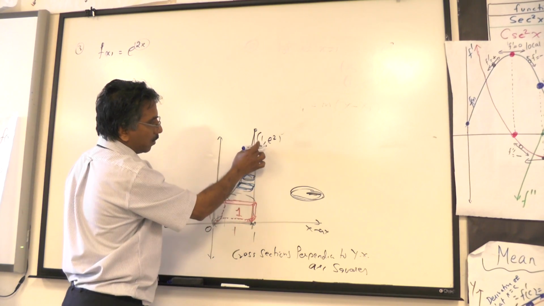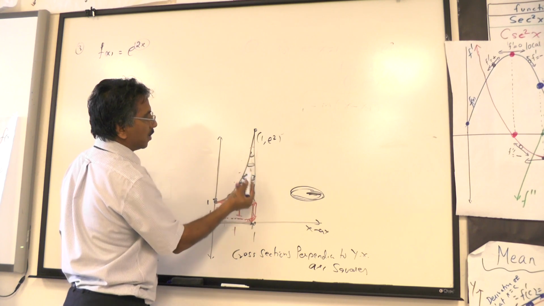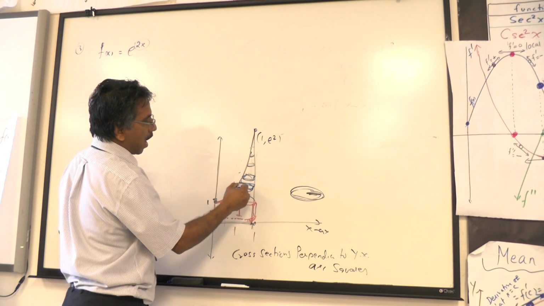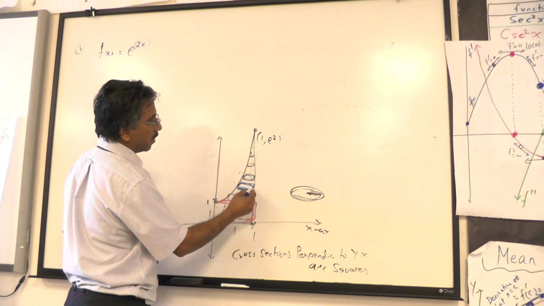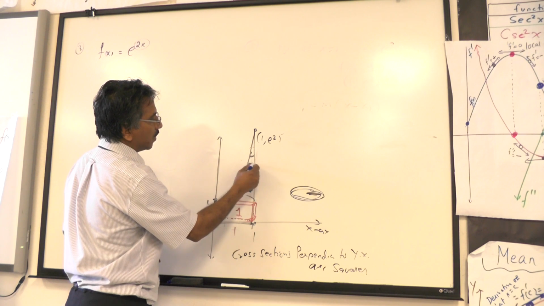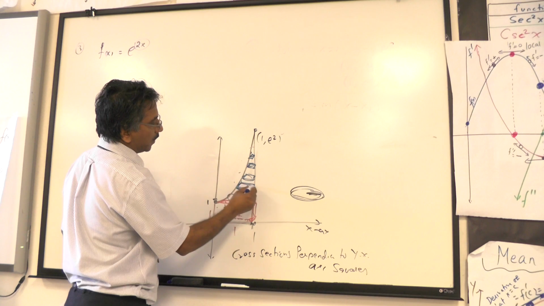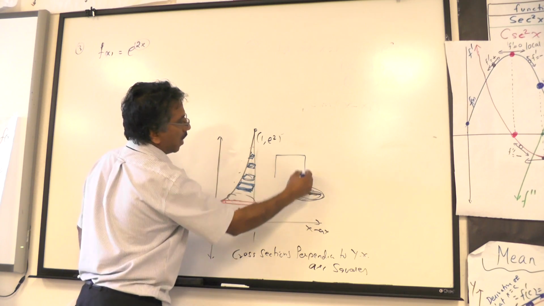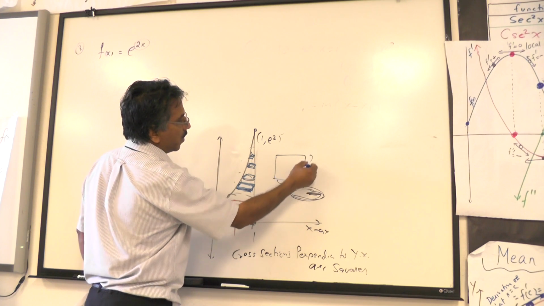So the whole thing is moving around like this. So there's a volume created, and the cross sections are the squares. Each time there is a cross section, which is a square, and then this distance, so there is a square like this. And what is the length? What is this distance we want to know?